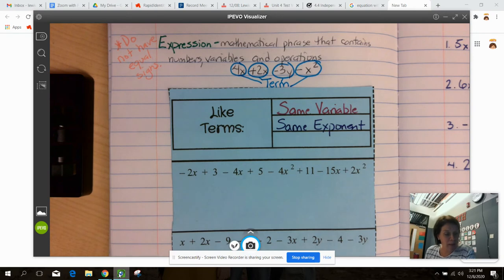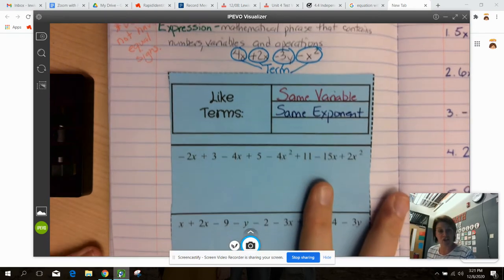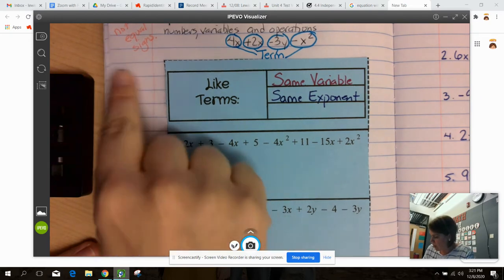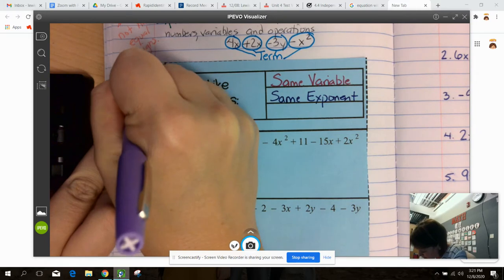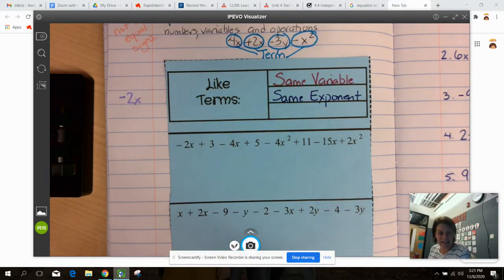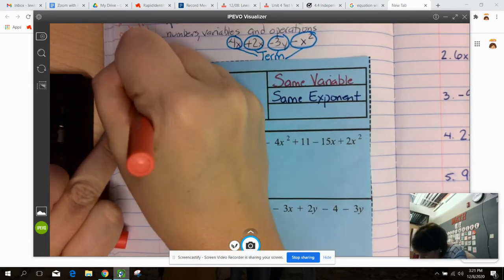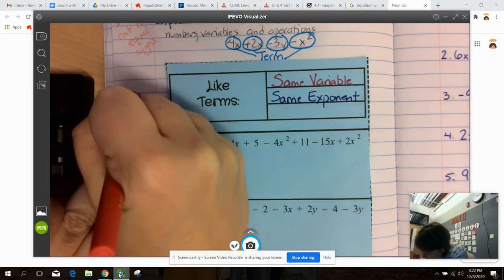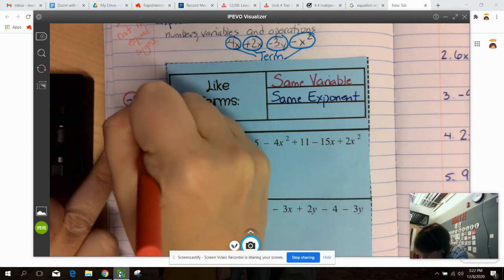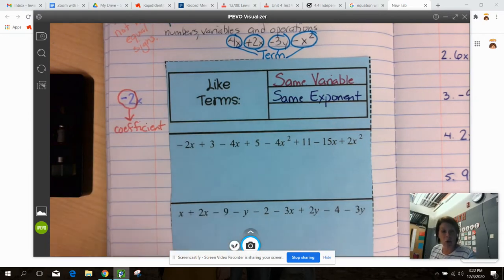Now, I want us to look at a couple more things before we start actually combining. So over here, I'm just going to write a term. Okay, a term. So, for example, let's do negative 2x. In that term, this negative 2 is called a coefficient.